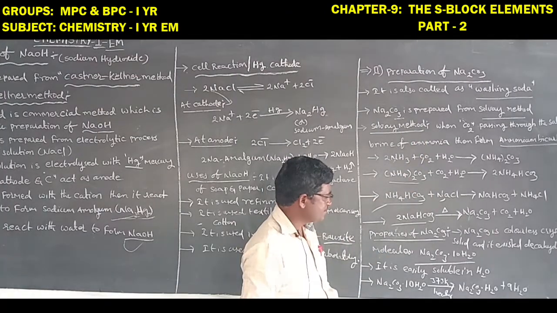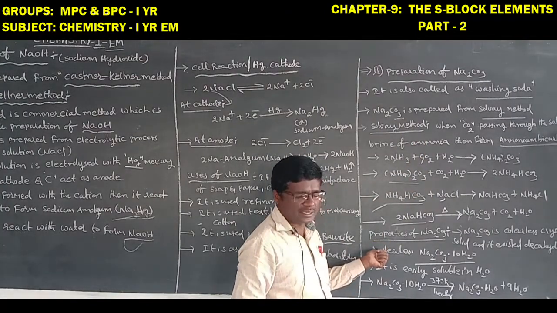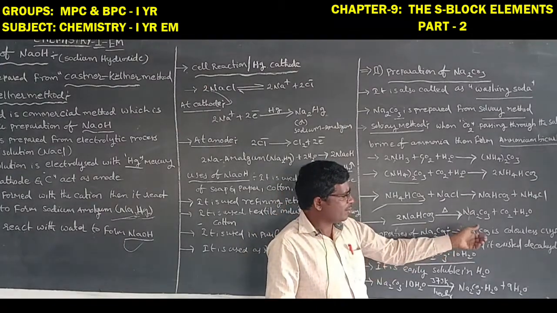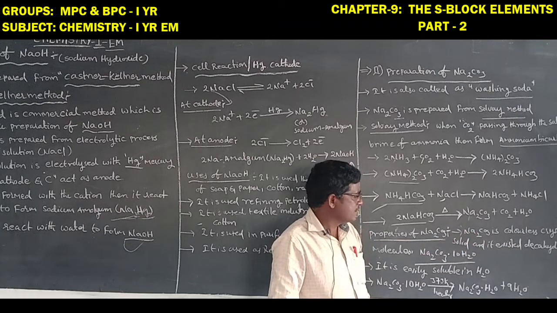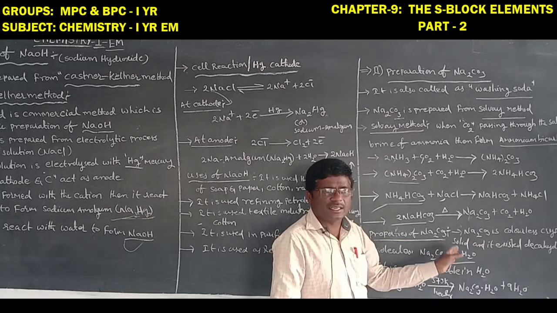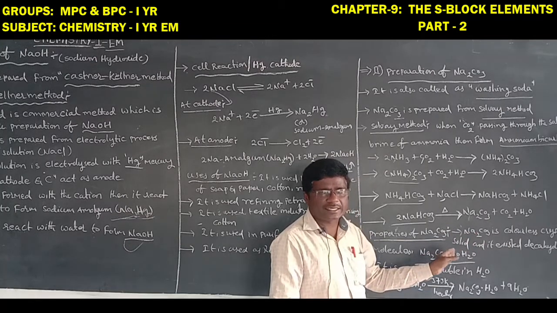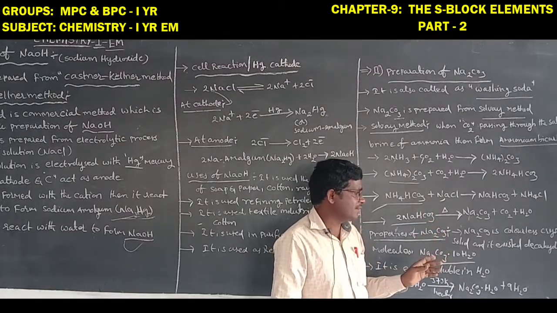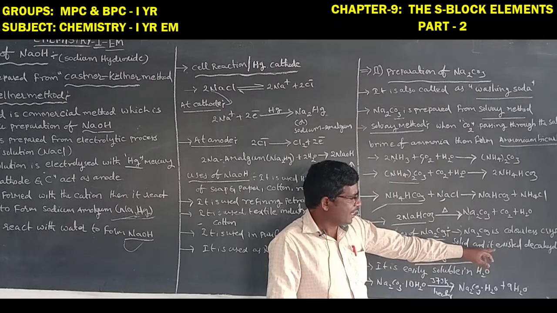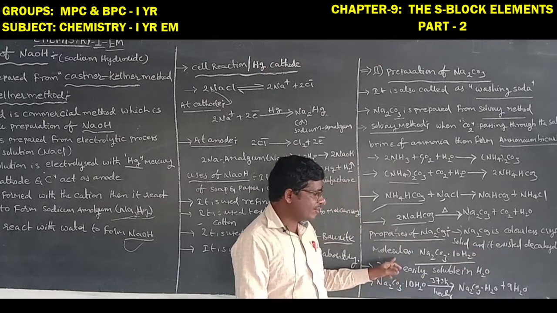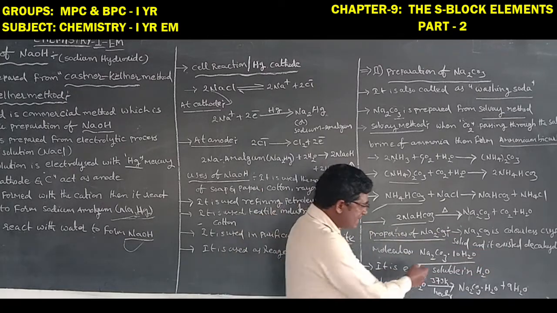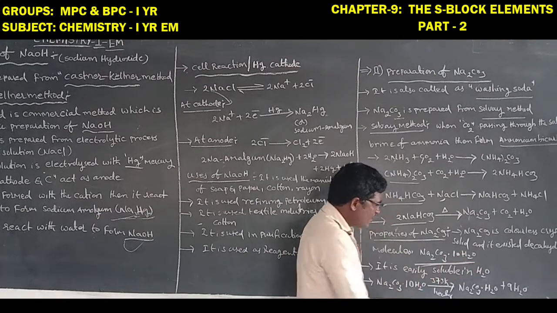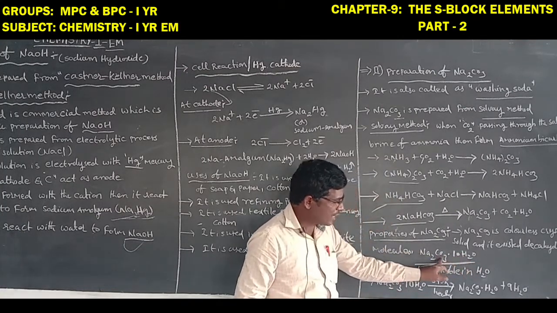Next, properties of sodium carbonate. Sodium carbonate is a colorless crystalline solid and exists as a decahydrate, Na2CO3.10H2O, decahydrated sodium carbonate.